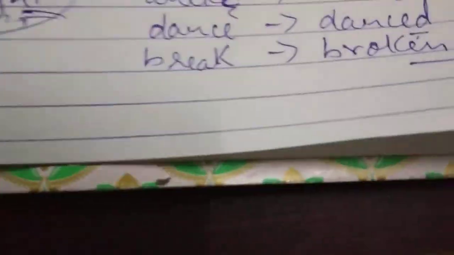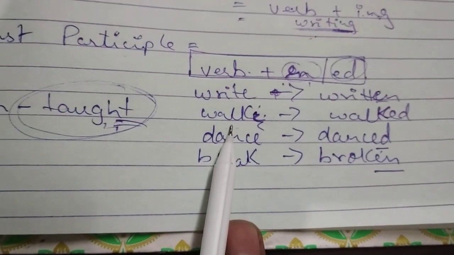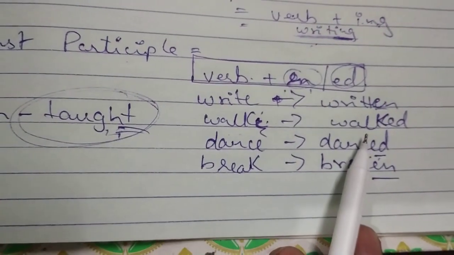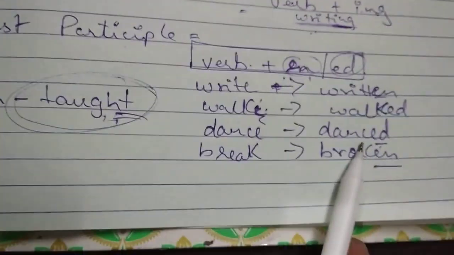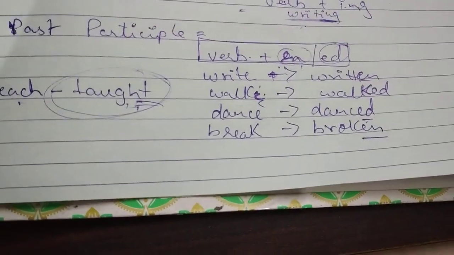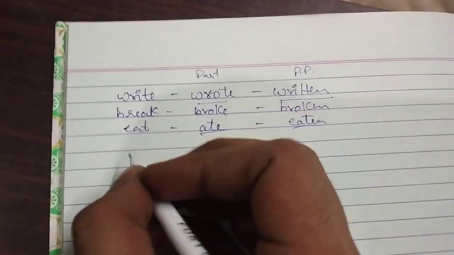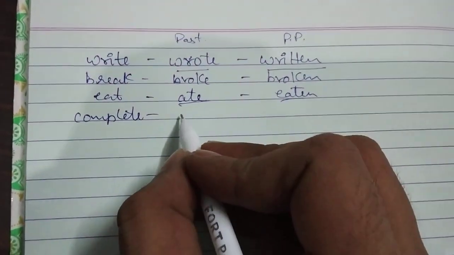But there are also many verbs whose past tense and past participle are the same. Likewise, see the examples I gave you over here. Walk is present tense. Its past tense will be walked and past participle is also walked. Dance, present tense. Danced, past tense, and past participle is also danced. Same. Like complete, present tense.